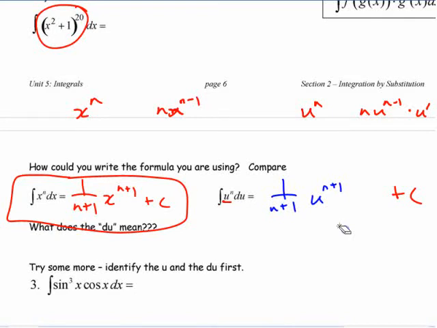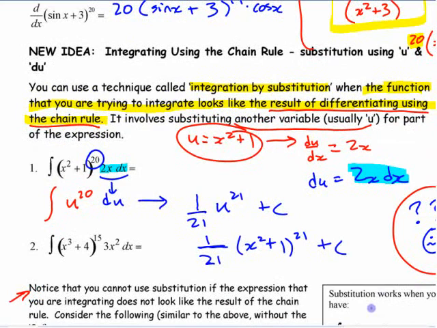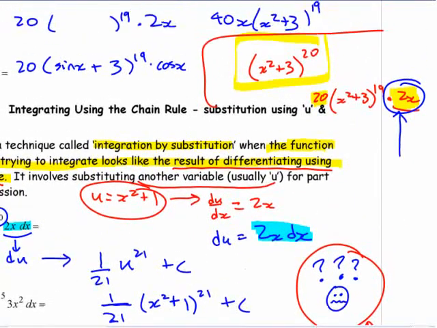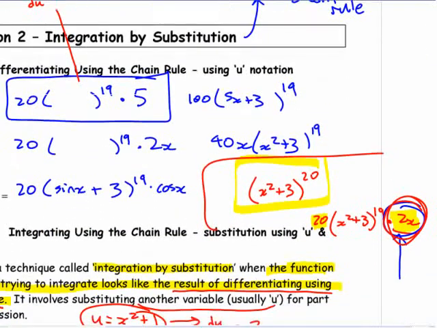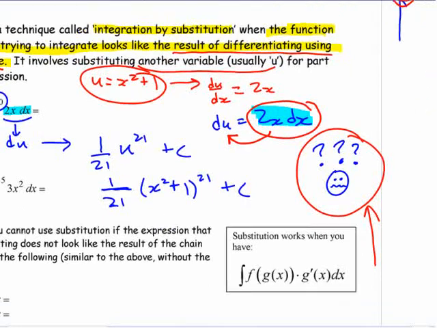What did I say up here? Remember I drew the confused calculus student? When you found the derivative using the chain rule, this extra part appeared. When you work backwards and use integration by substitution, where did this extra part go when you replaced this thing here? It disappeared.